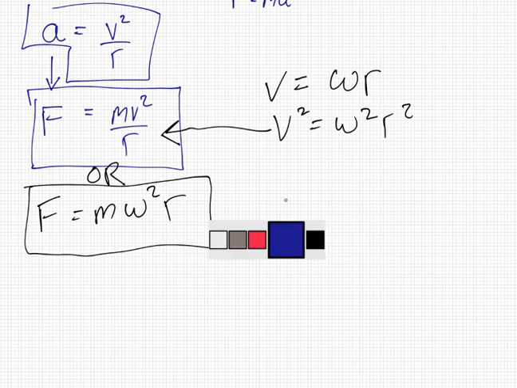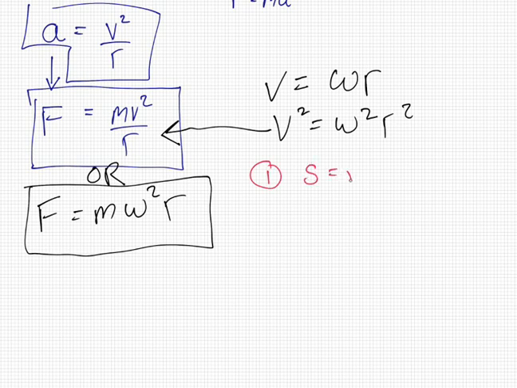Alright, so let's write down all our formulas. First one: s equals r theta. Second one, omega equals theta over t. Thirdly, linear velocity equals omega r.